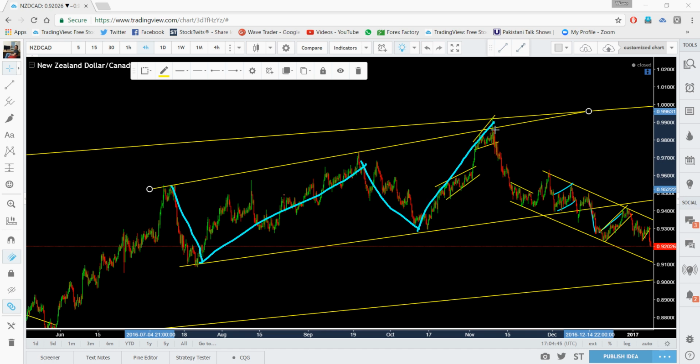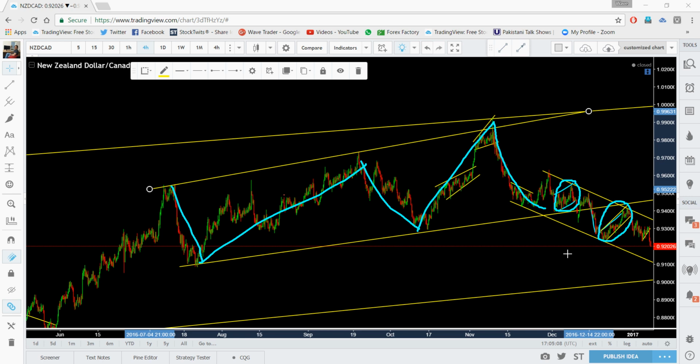Once price hit the lower channel line, price started to form a trend continuation pattern. This trend continuation pattern was over the trend line within the channel, and this trend continuation pattern was under the channel.